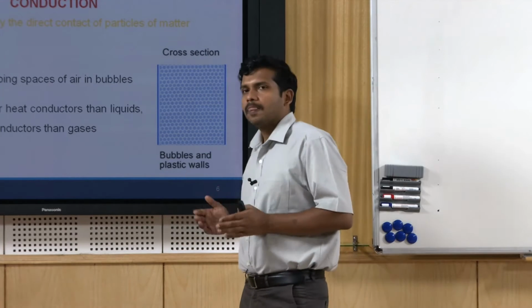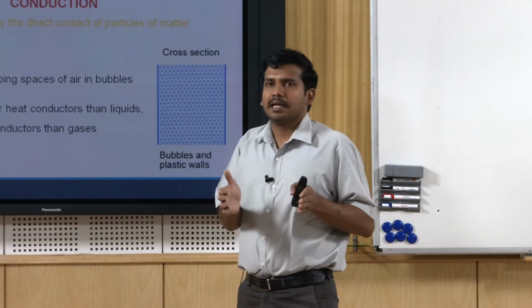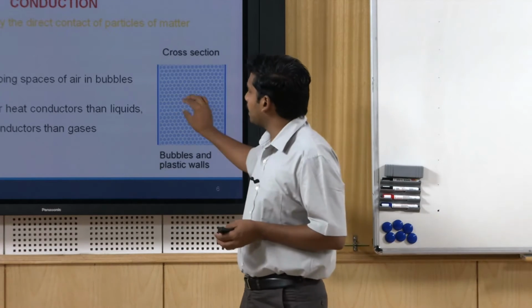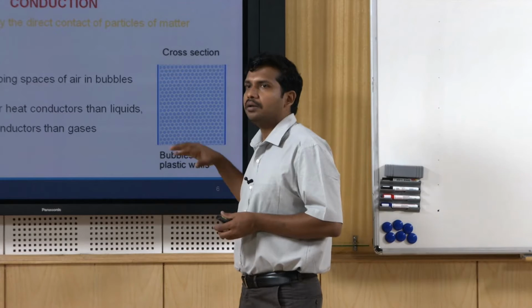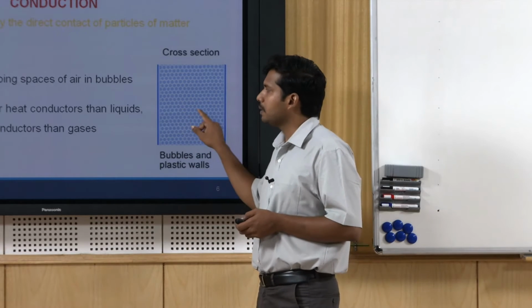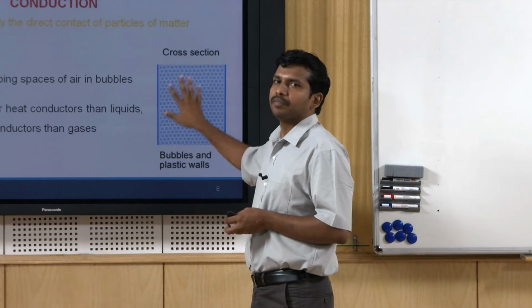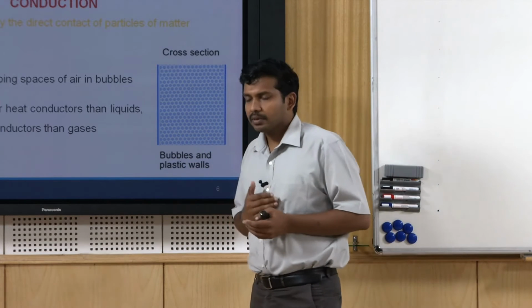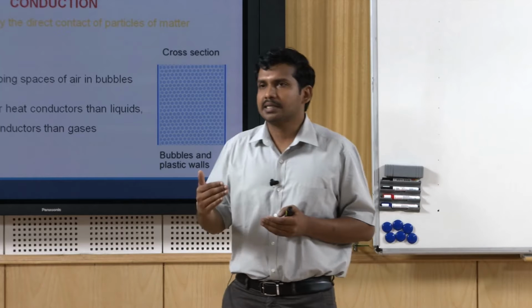On the other hand, take a material like glass wool, where internally the particles are much more dispersed, or take aerated concrete, foam concrete, where you have a lot of air bubbles embedded into the concrete and cement paste. In that case the mode of heat transfer keeps changing.